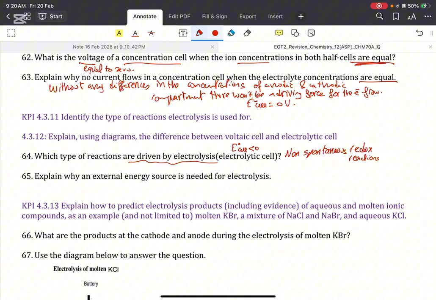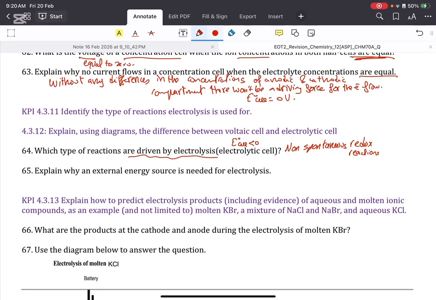Why is an external source needed? Because the electrolytic cell converts electrical energy into chemical energy, so it requires an input of energy.